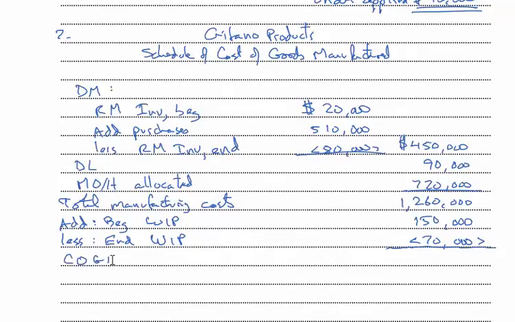Cost of goods manufactured $1,340,000. Okay.